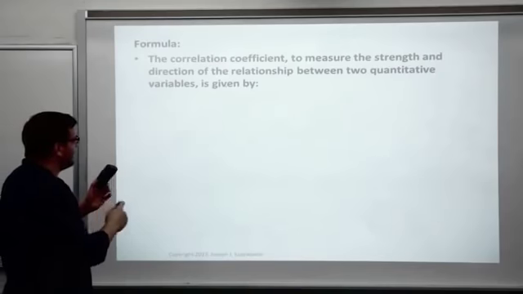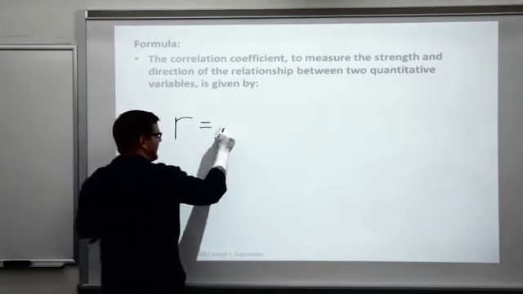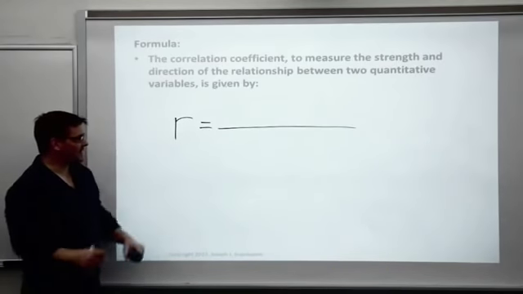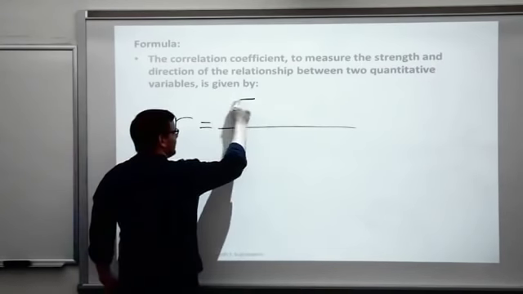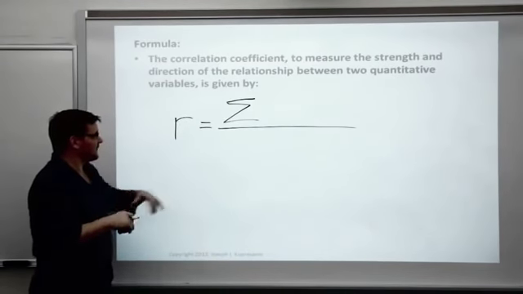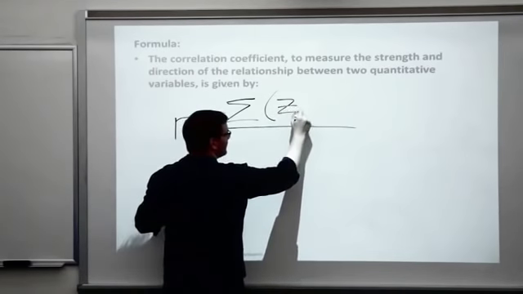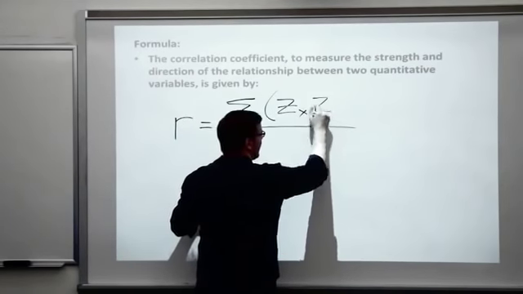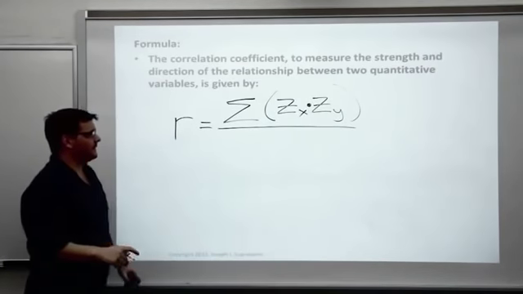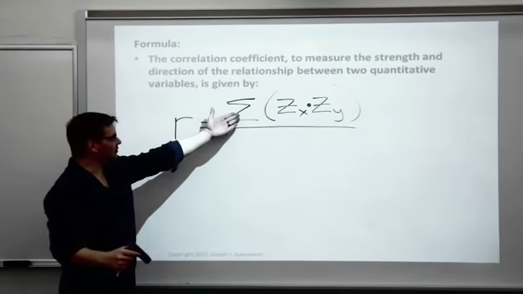Here comes the formula. Remember that the symbol is r, and r equals. It's like an average, so we'll have a big divide sign here. Remember, that's the summation symbol, so I'm going to add up, I'll put parentheses for clarity, z for x times z for y. So convert to z-scores, multiply together, add them up.